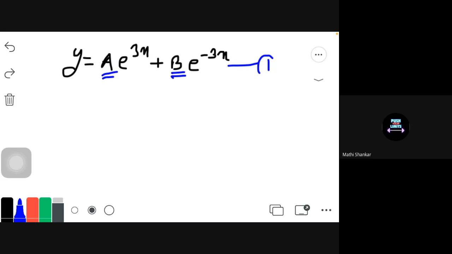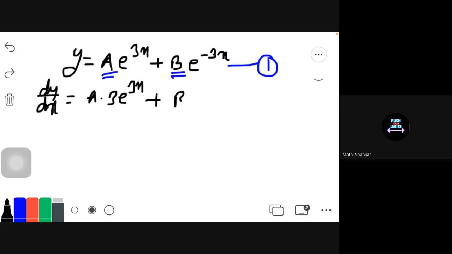Okay. So let's see how we do it. So we'll take the derivative of this. So the derivative of this will give me dy by dx is equal to a into 3 into e raised to 3x plus b into minus 3 into e raised to minus 3x.